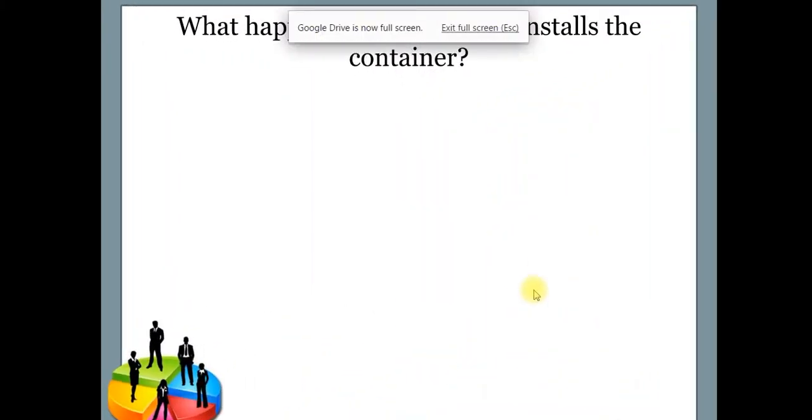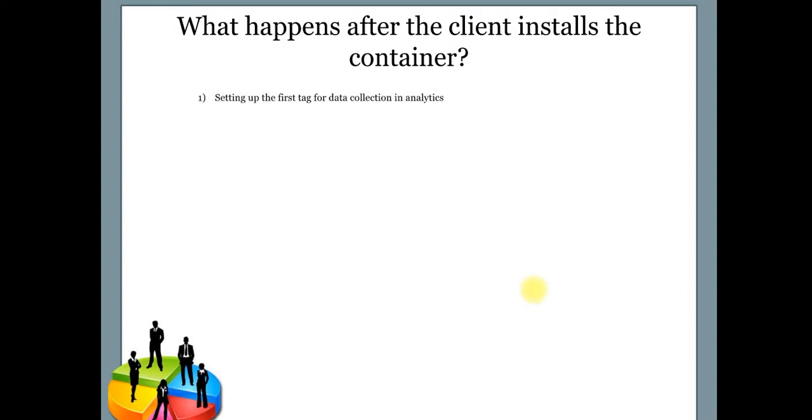So what happens after the client installs the container? Well, there's just a couple of things that happen. I'll highlight. I set up the first tag for data collection inside the analytics, and then I start setting up access to things like Bing and Google Webmaster Tools and other APIs so that all gets tied in.